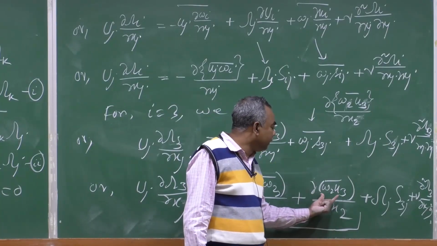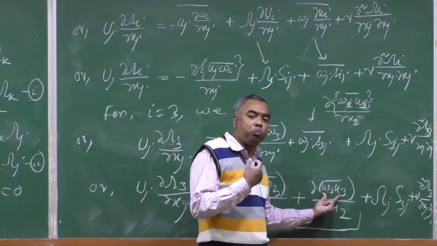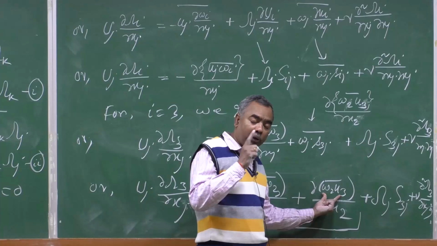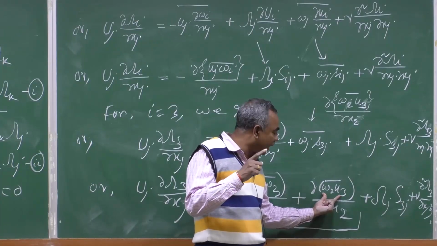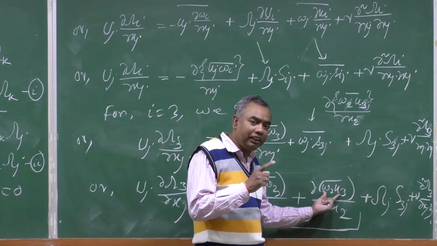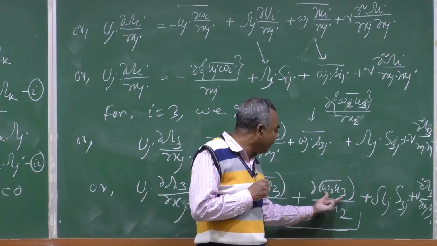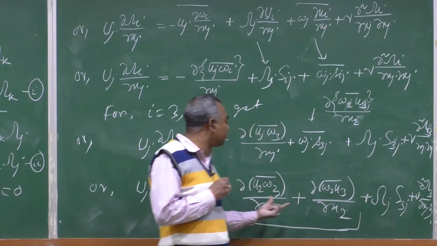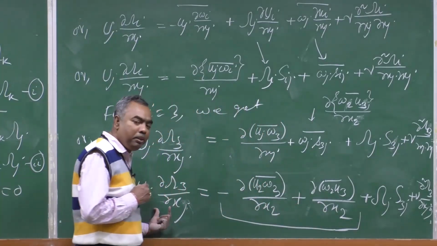So, that means this is also a kind of force, a force on a vortex line, which the vortex line is going to experience if it is there in a flow, and this is a body force. The gradient of this body force can then change the mean vorticity.